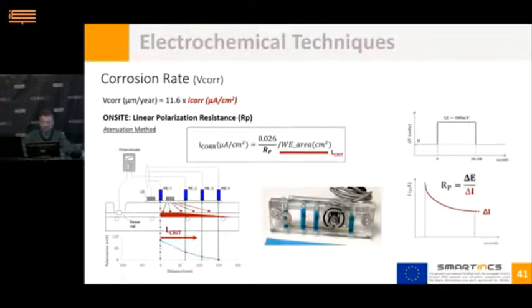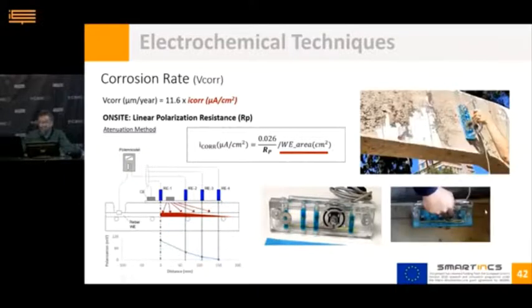The polarization resistance, again, is the ratio between the applied potential and the current recorded at the end of the test. These types of sensors are very useful to evaluate especially wet concrete or even submerged concrete.